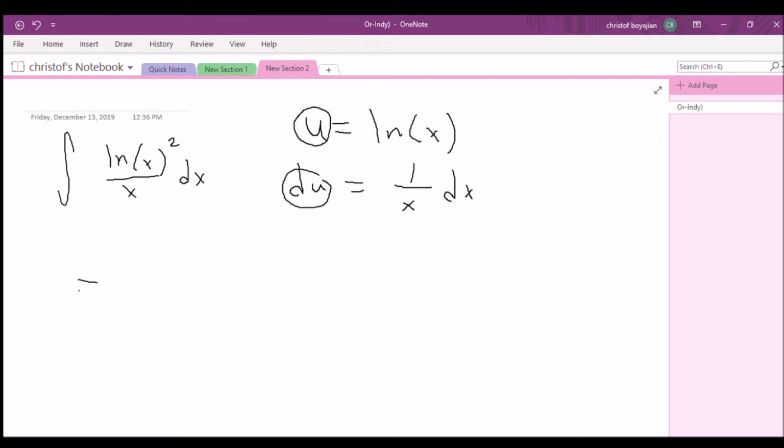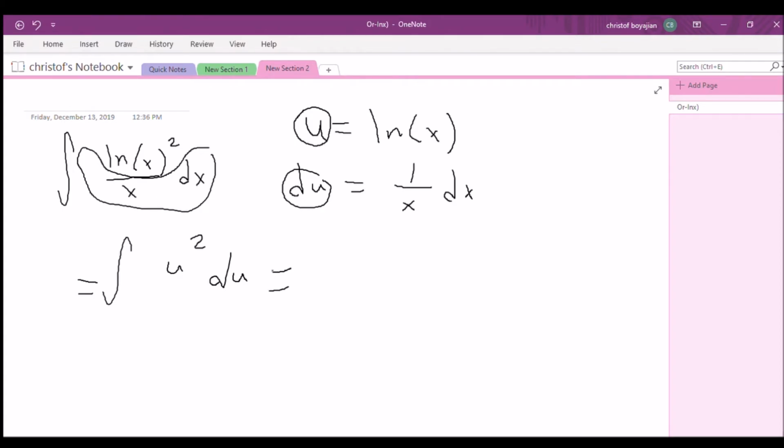All right, so let's go ahead and replace our u and our du. So ln of x is substituted with u. So it's going to be the integral of u squared, and this whole expression right here is going to be du. All right, now let's go ahead and evaluate this integral.